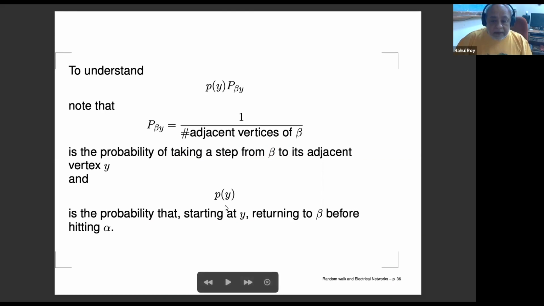And Py, if you remember, is the probability that starting at y, you return to beta before hitting alpha. So in this term, Py P beta y, in case a vertex has only k adjacent edges, this is 1 over k, and Py is the probability which we started with in this lecture, namely starting from y, returning to beta before hitting alpha.